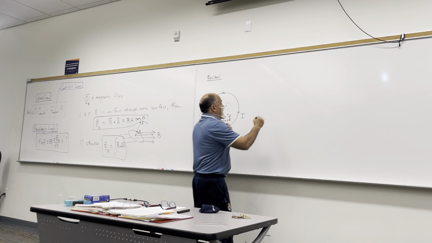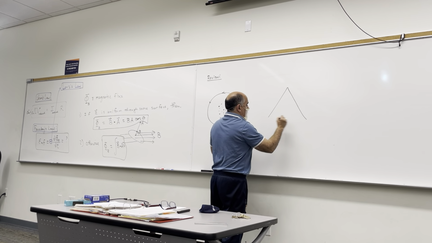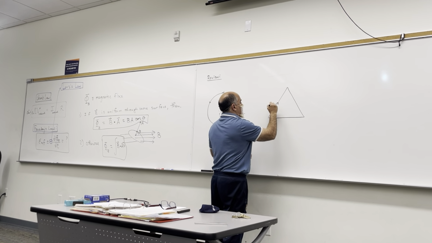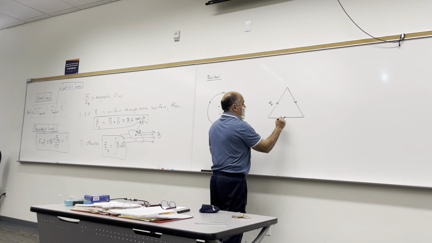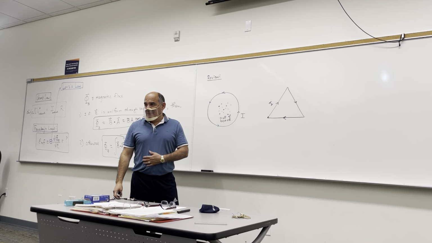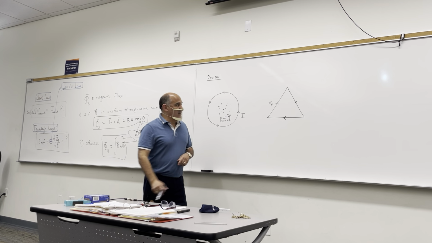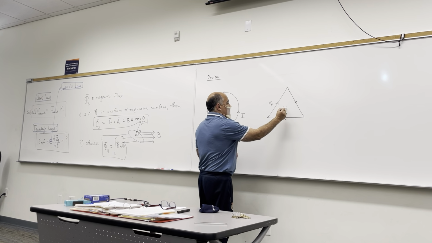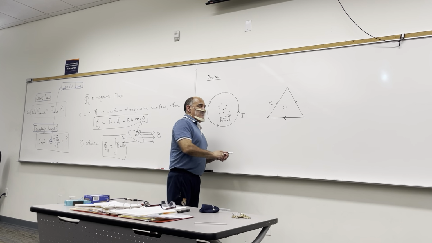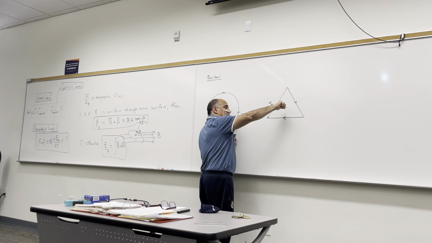What if we have a loop like this instead? And suppose the current is this way. What is the direction of the magnetic field generated by that current in this region? Into the board, right? You just use the right-hand rule and you just say like this.